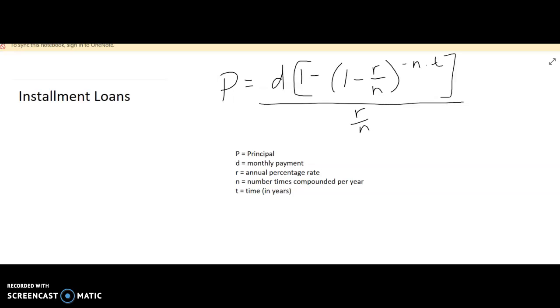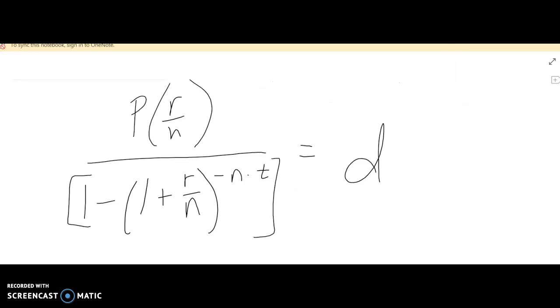Now, there are times where you're trying to find the monthly payment, so we can manipulate this formula. I manipulated it for you to find D. So if you need to find the monthly payment, just think about taking that principal, multiplying by the rate divided by N, and then dividing by this big whole funky thing.